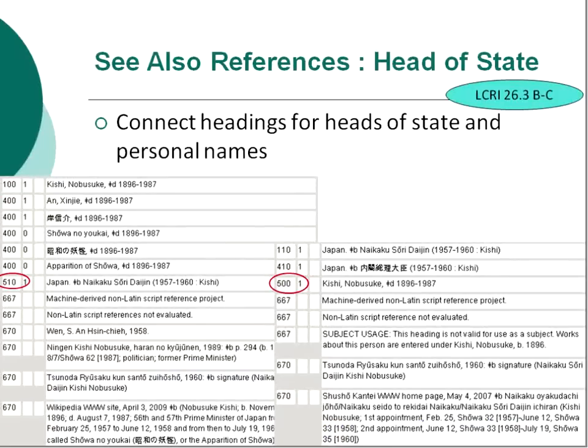Okay, our third complicated situation using the 500 field is about head of state. Now we all know sometimes a head of state also has his or her private communication, such as memoirs or autobiographies. And how should we handle that situation?